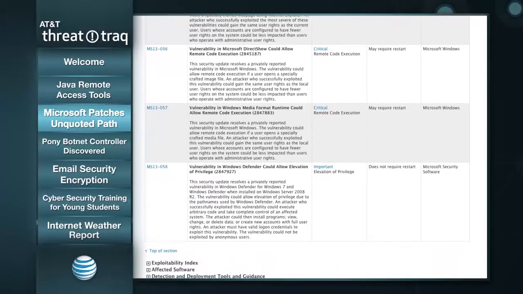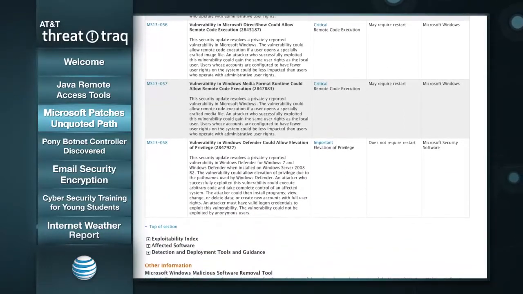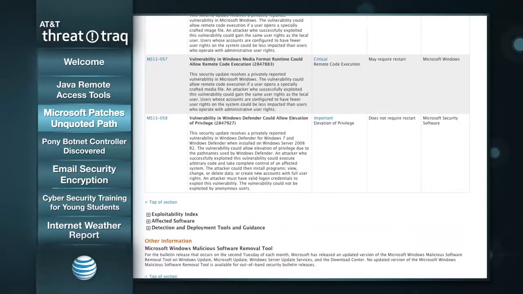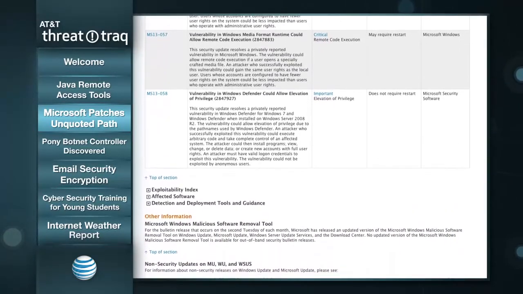And this one is a privilege escalation, which is why Microsoft only calls it important, although I sometimes argue with their classifications, because I think this one could potentially be at least as critical as any of the other ones. The issue with this one was an unquoted path variable.